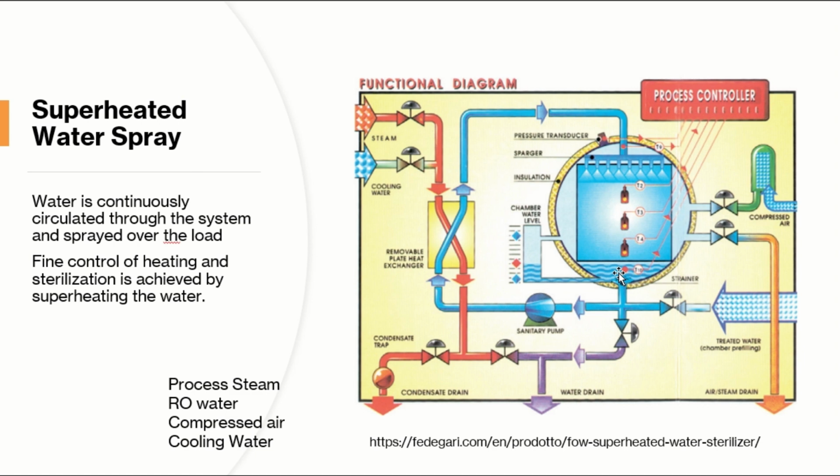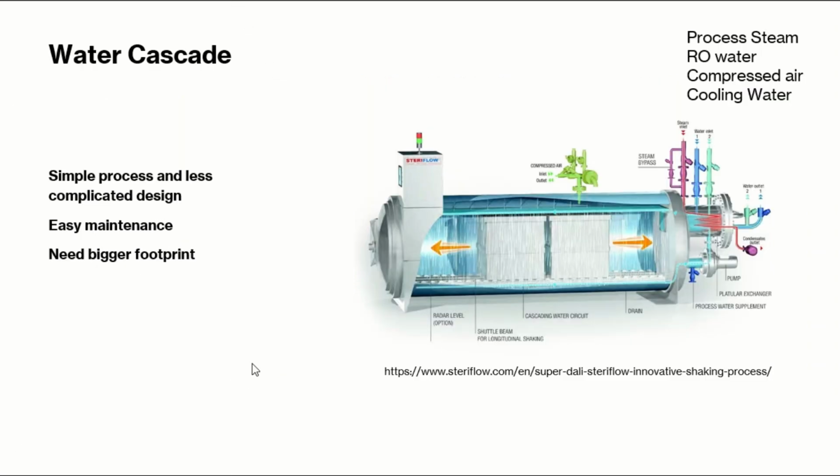When I talk about the water spray process, there is one more process, which is called cascade. The difference between spray and cascade is that spray is evenly distributed on every shelf, the way you design your machine, but the cascade is like a waterfall, where the water falls from top to bottom.